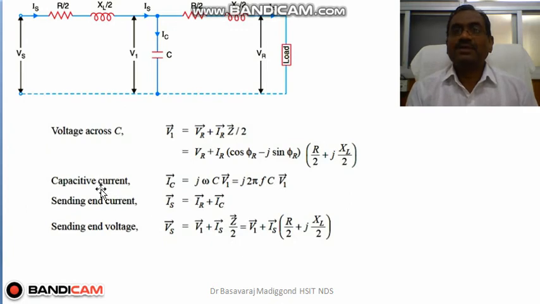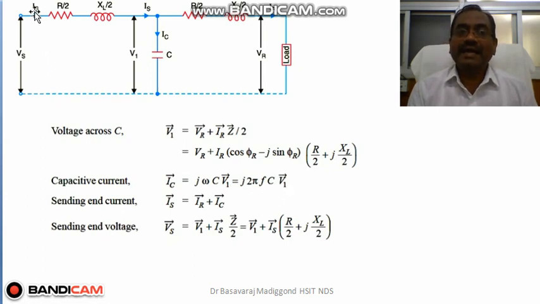Now the capacitive current IC is V1 by XC, where XC is 1 by 2 pi fC or 1 by omega C. That is, IC is j omega C into V1, or j 2 pi fC into V1.